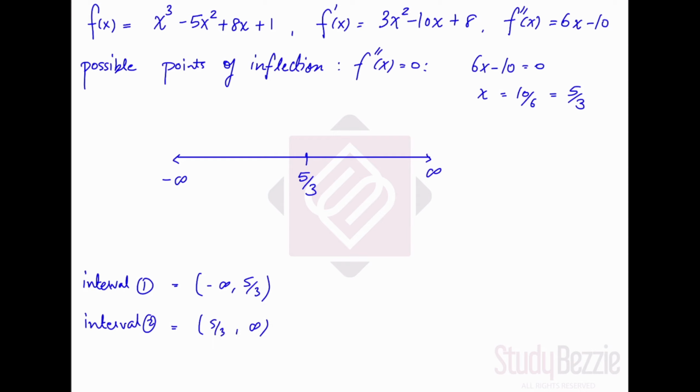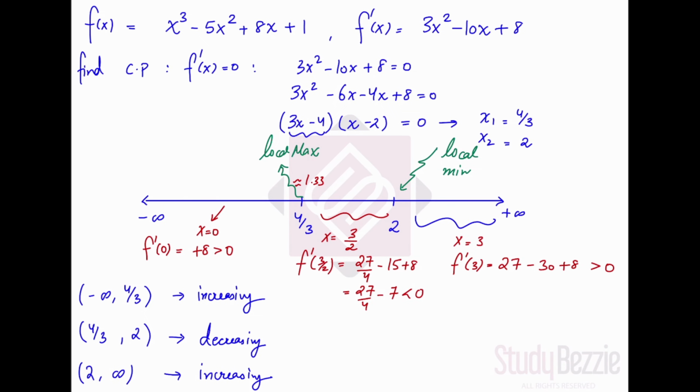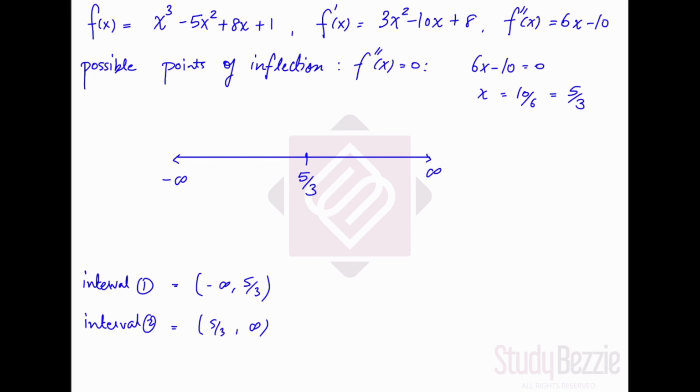So just want to put more emphasis: 5 over 3 is not an inflection point just yet. It's a possible inflection point. Okay, in the previous case when we were trying to find critical points, we definitely knew 4 over 3 is a critical point without doing any analysis. But the analysis of an inflection point requires you to check if the inflection actually happens or not. Okay, so let's see that.